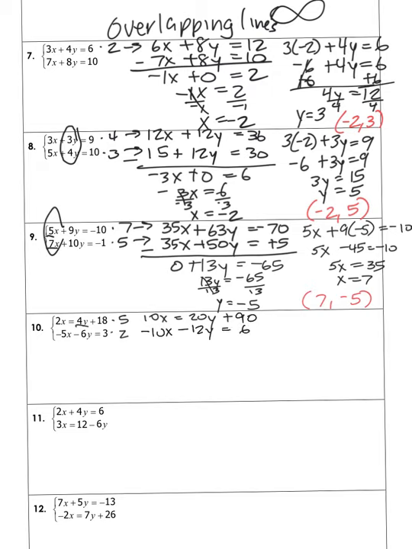All right. Now I need to move this first equation around, and I'm going to subtract 20y from both sides. So I get 10x minus 20y equals 90. Okay.